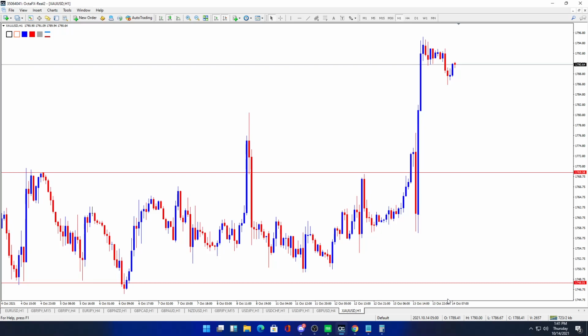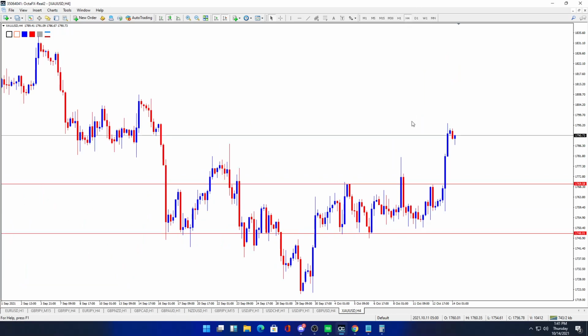And if you have a small capital, please avoid this pair. I advise that if you have like 1,000 USD, then you can trade this pair. Okay, so like normal, this is H4, so we look into the trend.